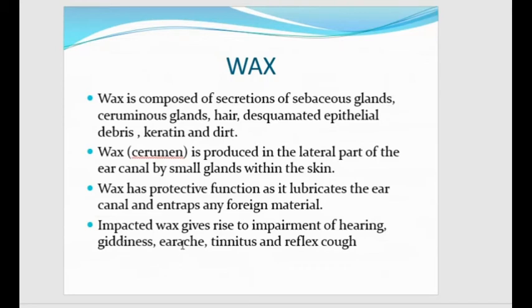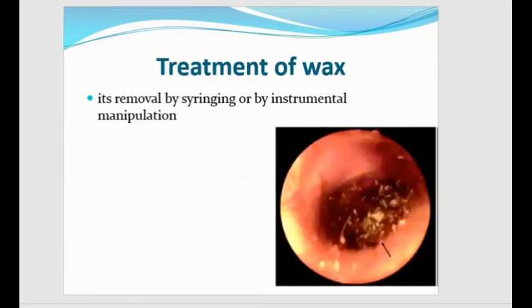Earache, because of the pressure of the wax on the tympanic membrane. Tinnitus from blockage of the external canal. Or reflex cough, due to irritation of the vagal branch, the auricular branch of the vagus nerve. This reflex cough can also happen to us: when someone cleans our ear, sometimes we see that he coughs. This is a reflex cough.